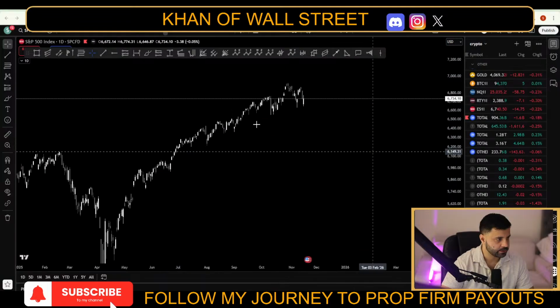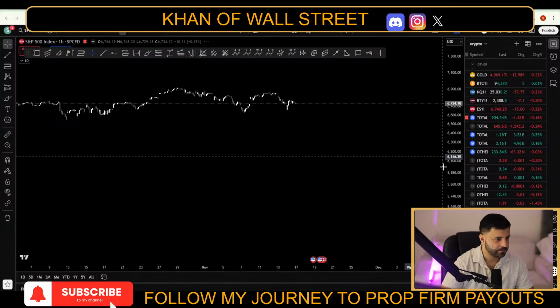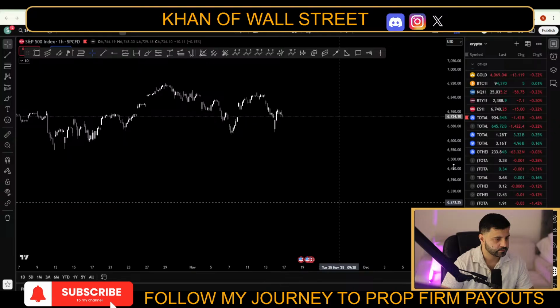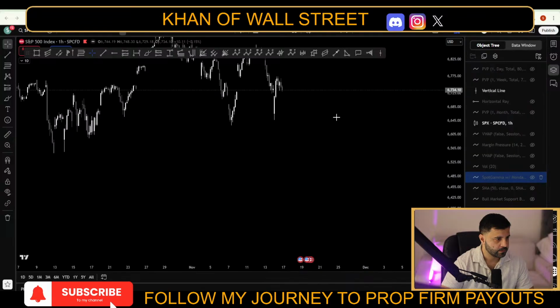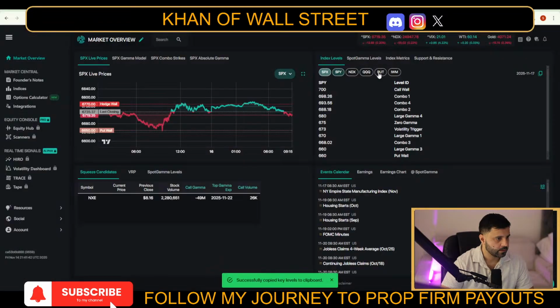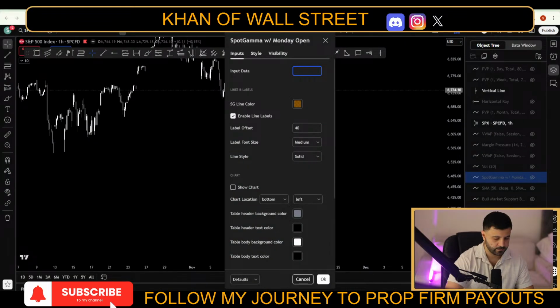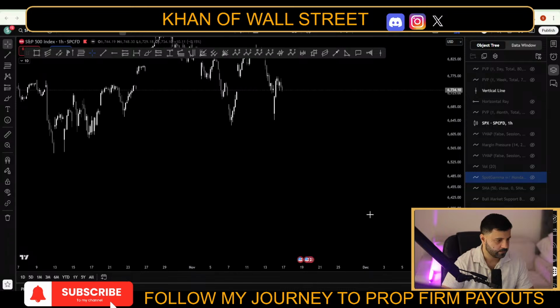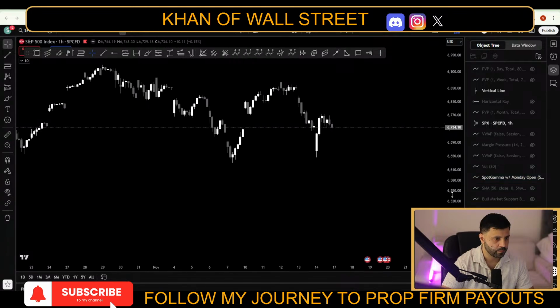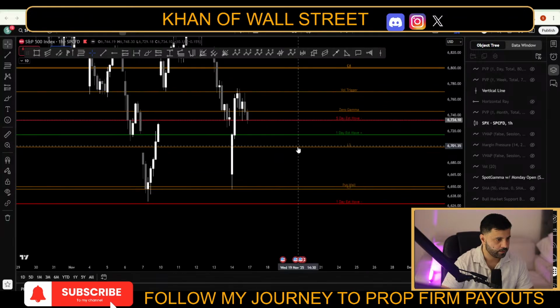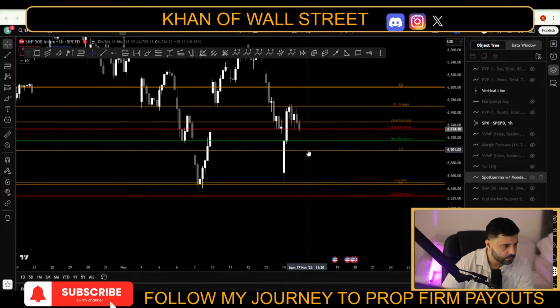Let's have a look at SPX now. Let's copy over the SPX levels. Cool. 6700 support. Biggest support is 6650.